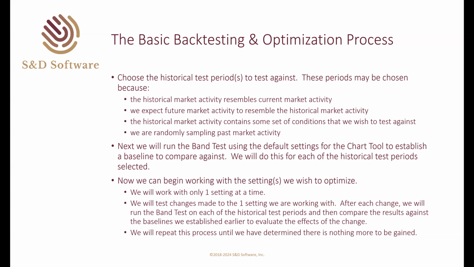So those are some of the ways that people will pick what periods of time from the past to test their system against. For instance, if we're expecting another major market downturn, we may go and look at the last time there was a major market downturn and see how our system performed during those conditions.